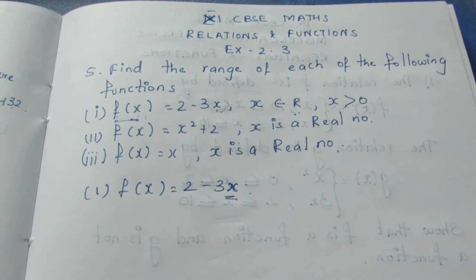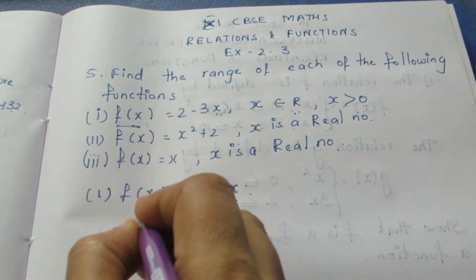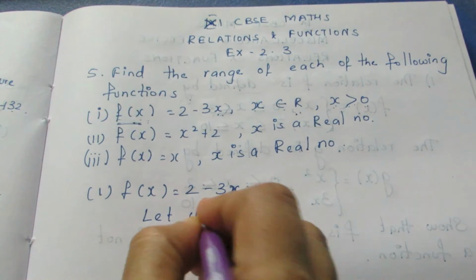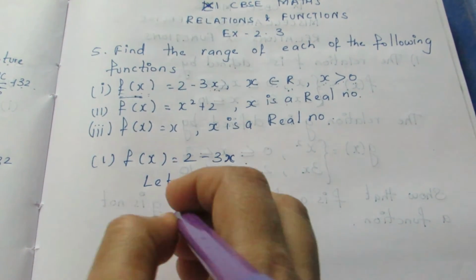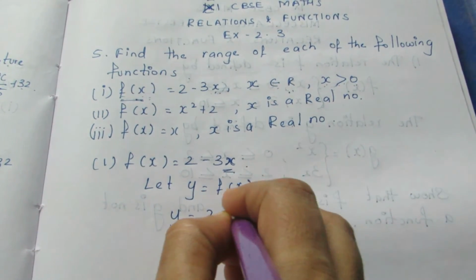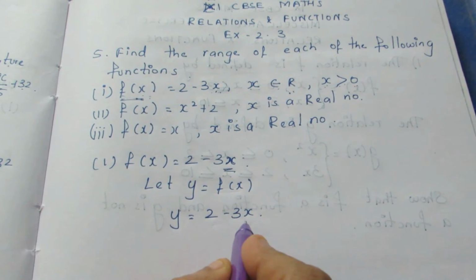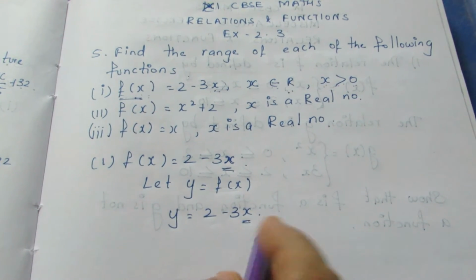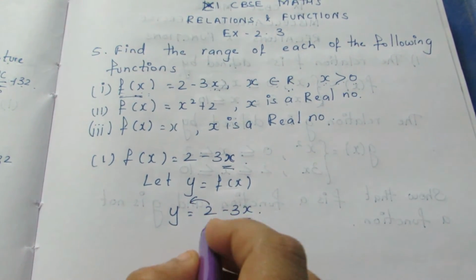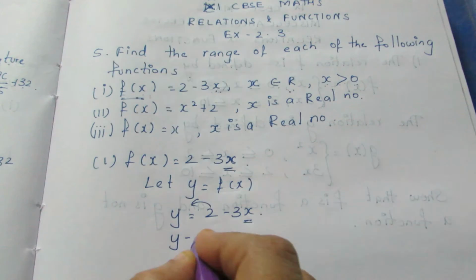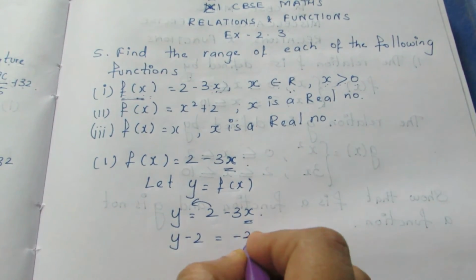For that, to find the range, let y be equal to f of x. Instead of f of x, I am going to substitute y. So y is equal to 2 minus 3x. We are going to write x is equal to, so bring all the terms to the y side. First 2 to this side, so it becomes y minus 2 is equal to minus 3x.